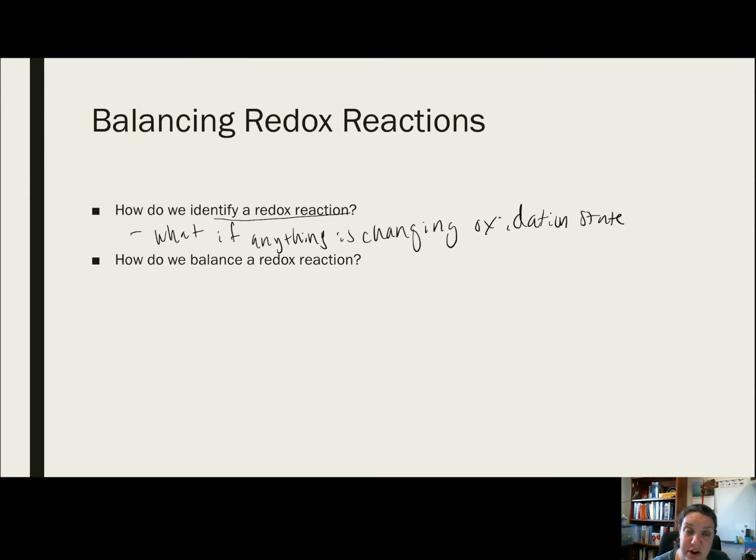If species are changing oxidation states, we have a redox reaction. When we are balancing a redox reaction, we're going to use the half reaction method. And this method involves assigning oxidation states to atoms and breaking into two reactions, an oxidation reaction and a reduction reaction.